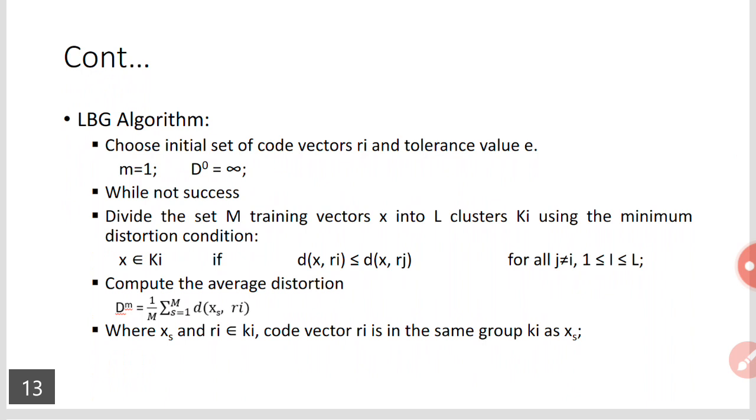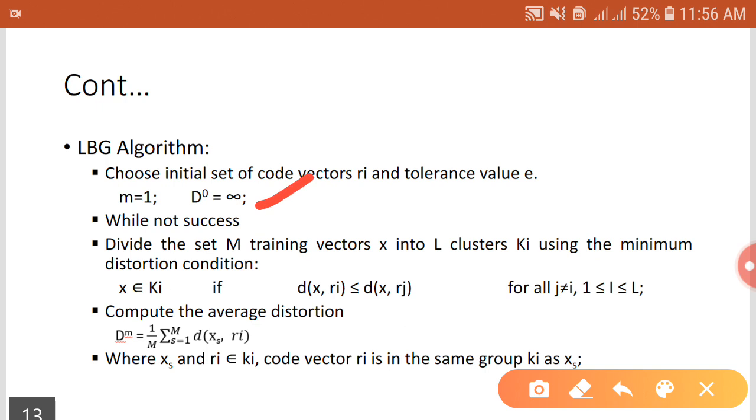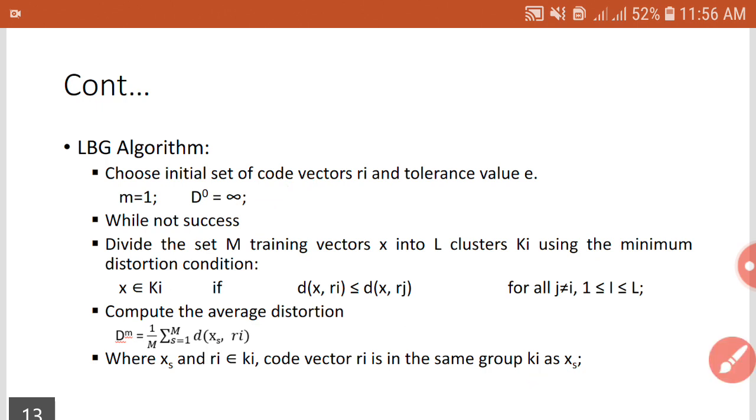Each code vector is represented by Ri, and we select some tolerance value E. Set m equal to 1, which is for the iteration count, and set distortion equal to infinity.